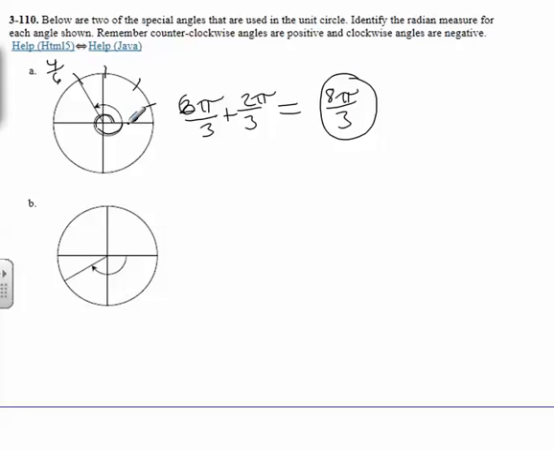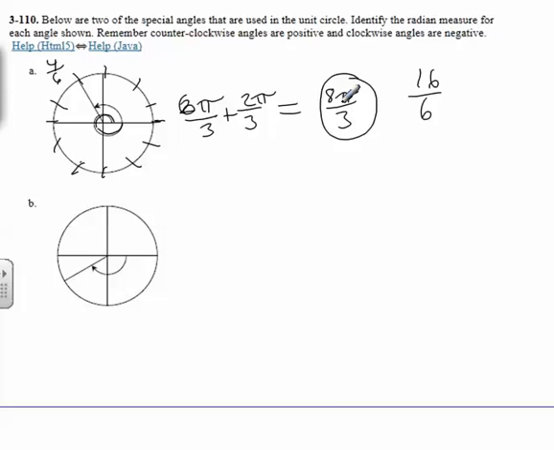Another way to do that is just to keep counting all the way around. 1/6, 2/6, 3, 4, 5, 6, 7, 8, 9, 10, 11, 12, 13, 14, 15, 16. I end up with 16/6. Is 16/6 the same as 8/3?